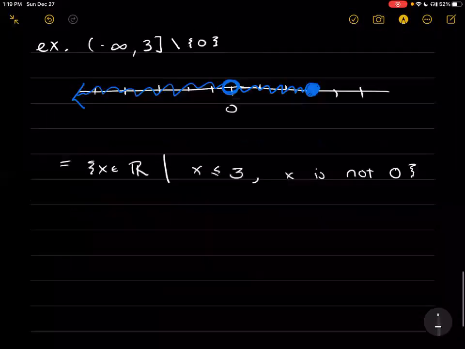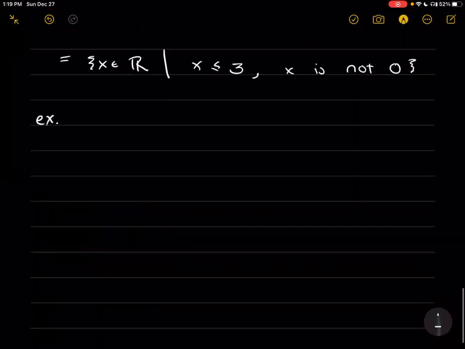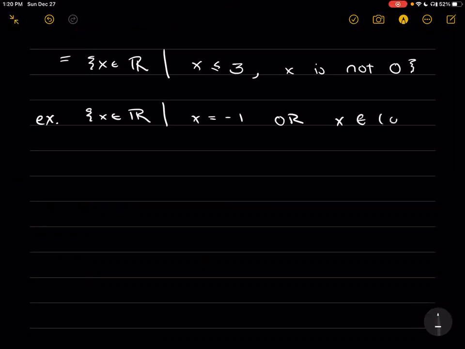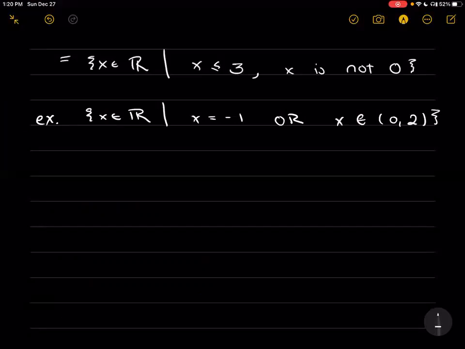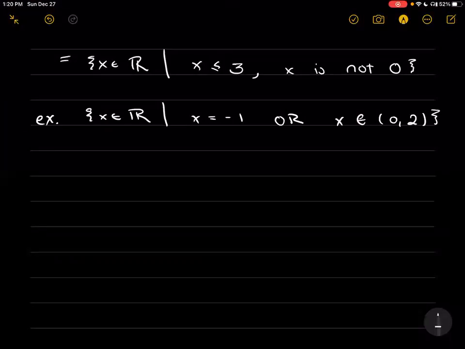Okay, let's do one more example before I let you go. Let's look at starting at set builder notation and going to interval notation. So let's do x in R such that x equals -1 or x is in the open interval 0 to 2. This or should ring a bell.